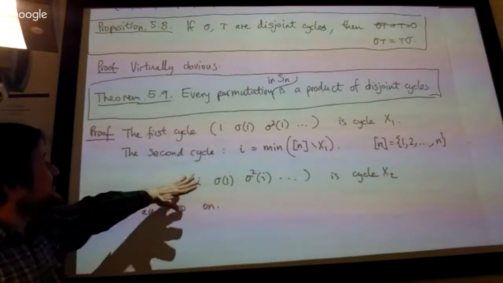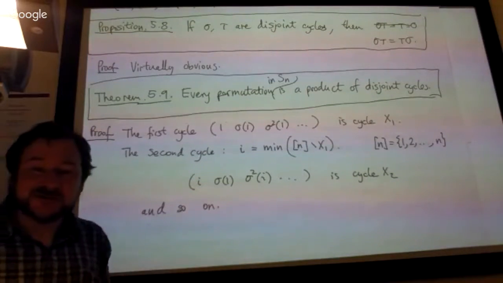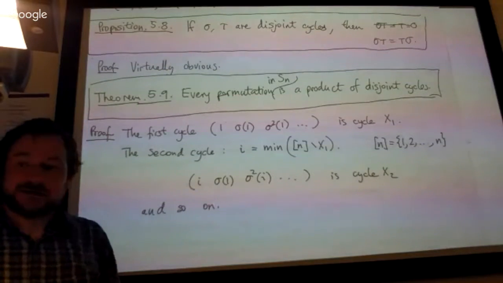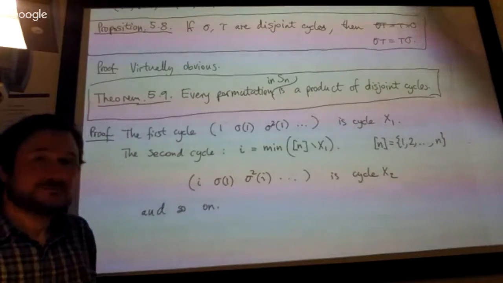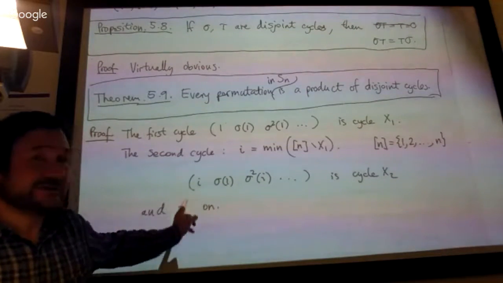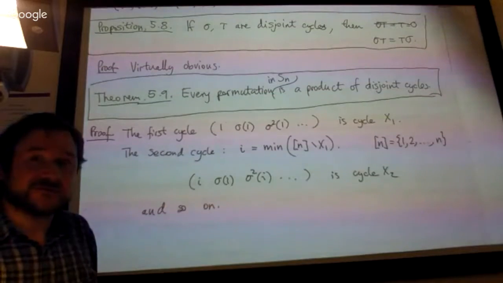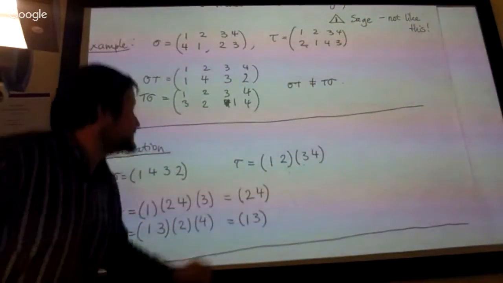what really goes on is, when you recall how we were first writing sigma, or tau, in cycle notation, that's what we did. So this is what we were doing.